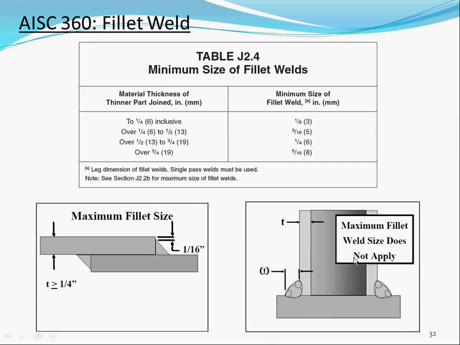Also, when you're welding a tension-type connection, the minimum size or the maximum size do not come into play. Like our OMF, there's the beam and there's the end plate. There is no maximum size that applies because it's not burning anything off.